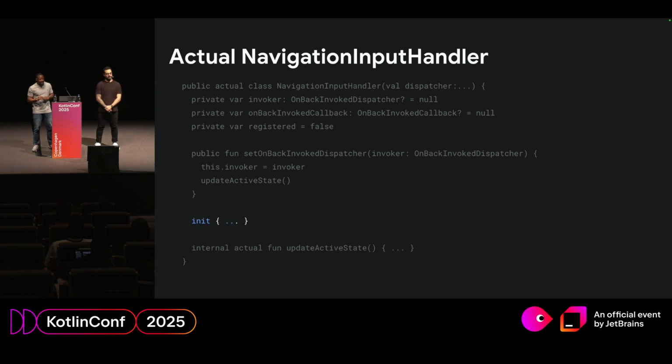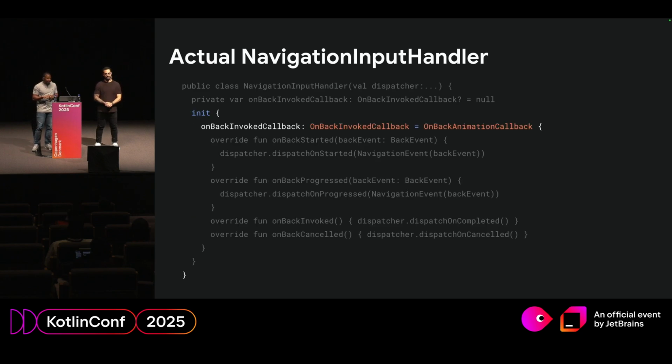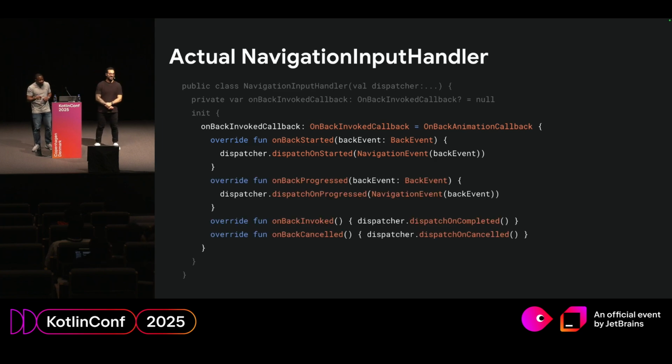So let's go back and look at the init callback. Here's where we create the on-invoked callback that we connect to the on-back invoke dispatcher. I told you these names. The callback immediately dispatches to the navigation event dispatcher, and then all the functions for it just do that. So most of our functions just look like this, where we're just taking the signal and then converting it and then passing it.